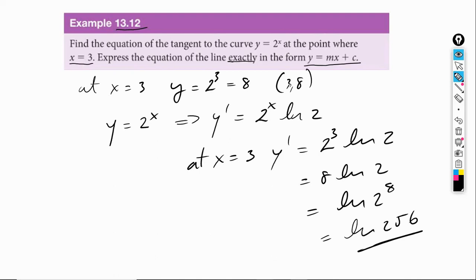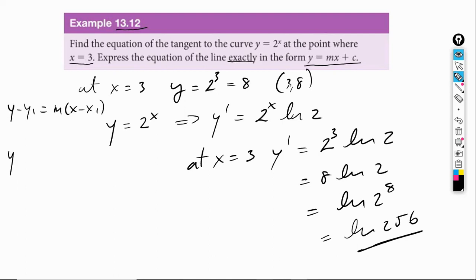Okay, then we just have to use the point slope formula. Recall that the point slope formula says y minus y1 equals m, the slope, times x minus x1. So let's see, we have the point of tangency, and we have the slope.